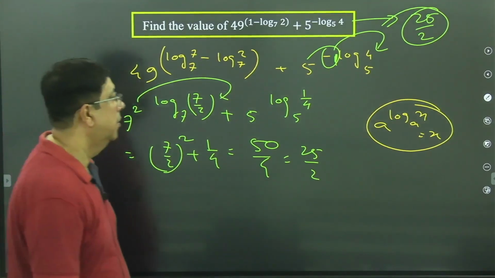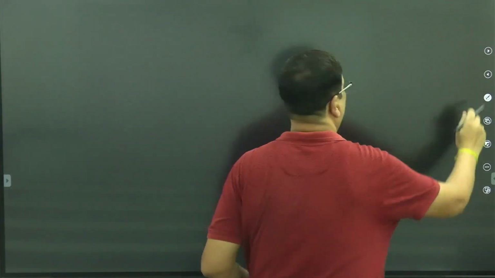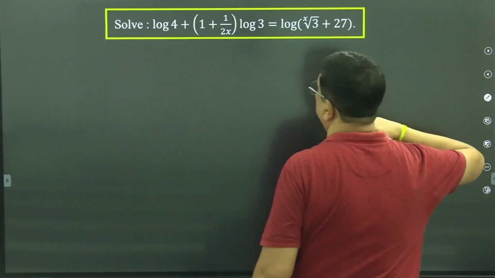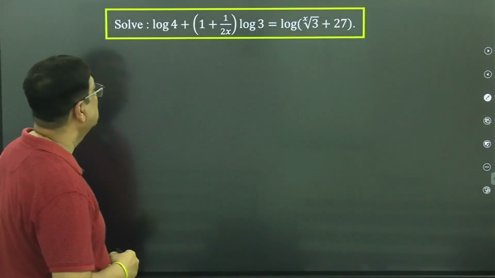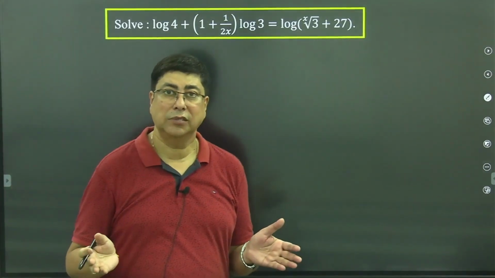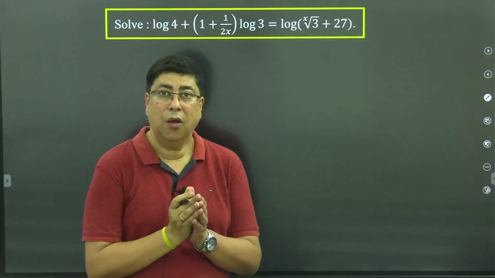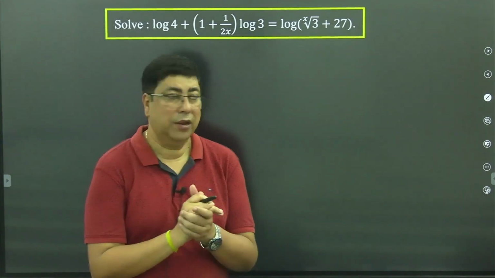Okay, next. For example, this sum. How to solve this type of sums? Similarly, by the similar process, we have to remove the log. If we can equate log on both sides, that should be the target.